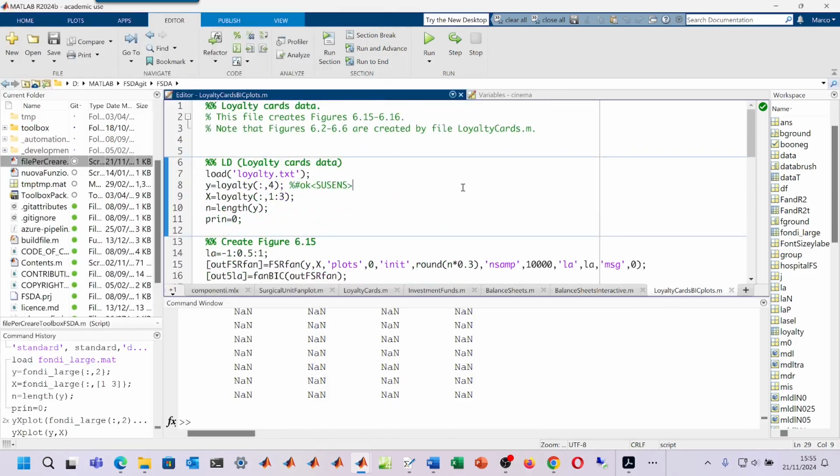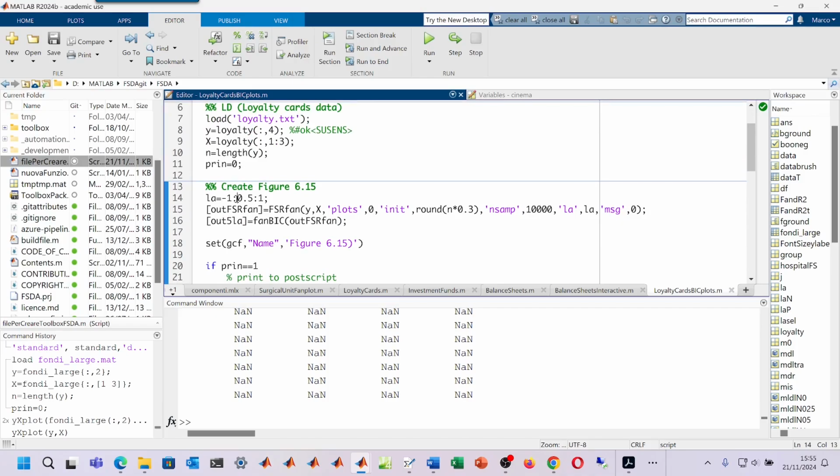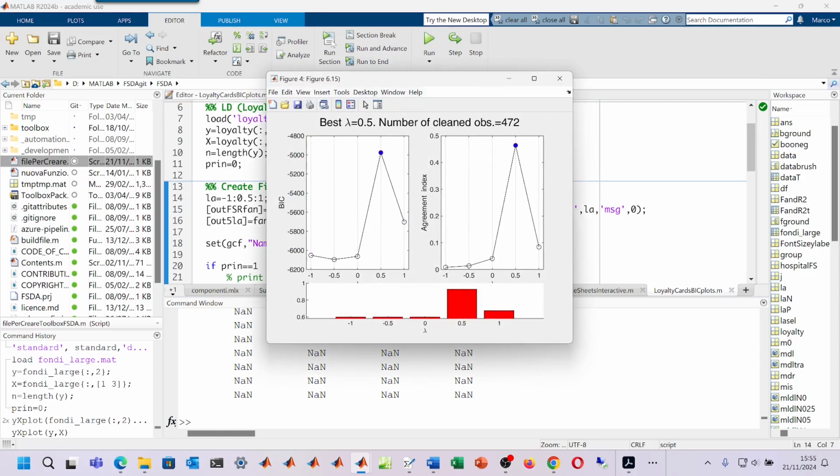Now, given that so far we have done things in a non-automatic way, we want to run our automatic procedure. These are the loyalty cards data, now using the five most common values of lambda. The red bars at the bottom tell us how many observations are used in the fit, so it's only at 0.5 that a reasonable proportion of the data is included.